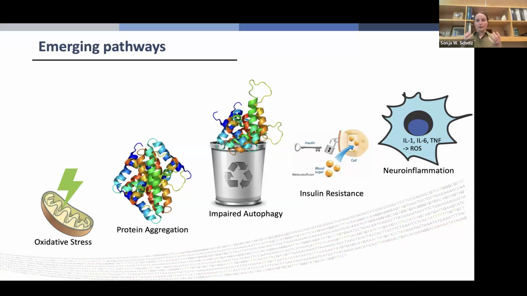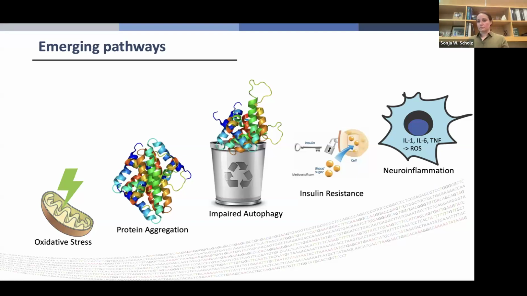The cells are very complicated machineries. There's a very fine balance between the proteins we produce and the proteins that we discard. And as we age, that balance is anyway a little bit off. But if you have certain genetic risk factors, that can really be a reason why you may be more susceptible toward developing disease.